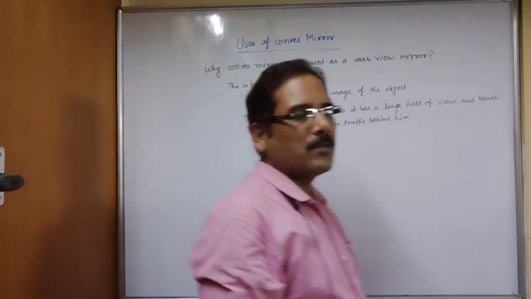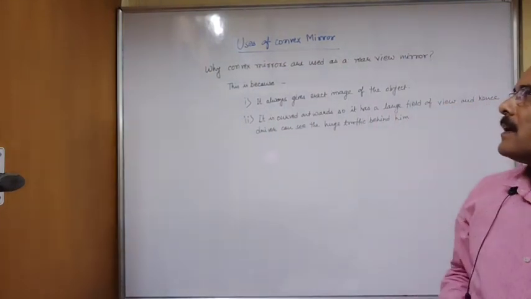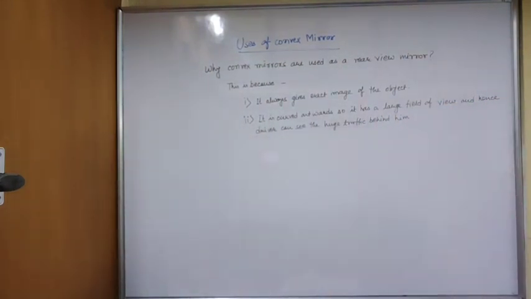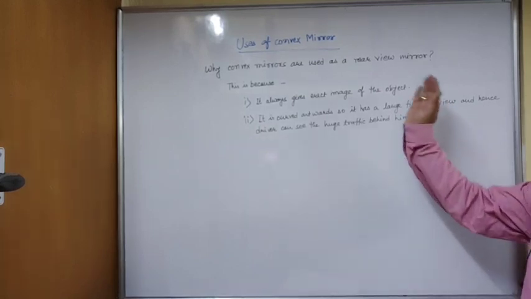So these are the two important reasons why convex mirrors are used as a rear view mirror. Except in 3D, as we have seen, whatever be the position, it will always give an erect image. Obviously diminished, but all the images are erect. And second, it is curved outwards.